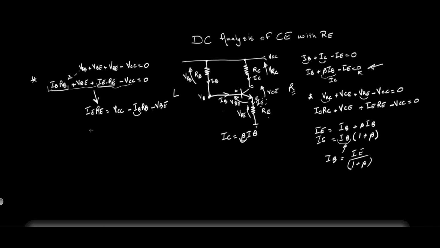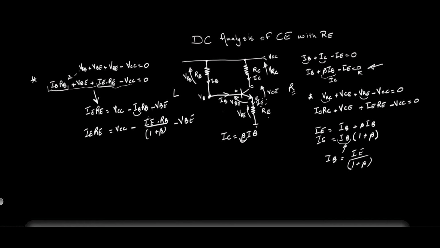Can we put it in here? And the answer is yes. So we could have IE RE equals VCC minus IE times RB divided by 1 plus beta, right? Minus VBE.